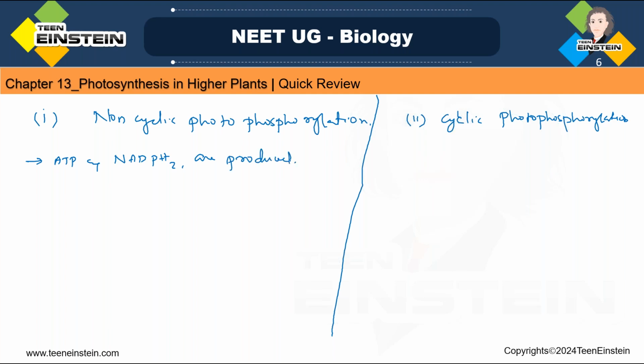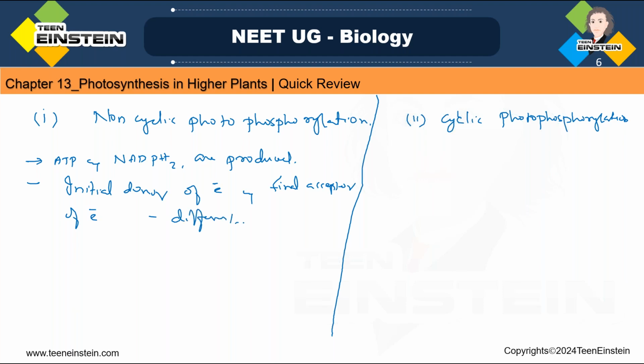During non-cyclic photophosphorylation, the initial donor and the final acceptor of electron are different.